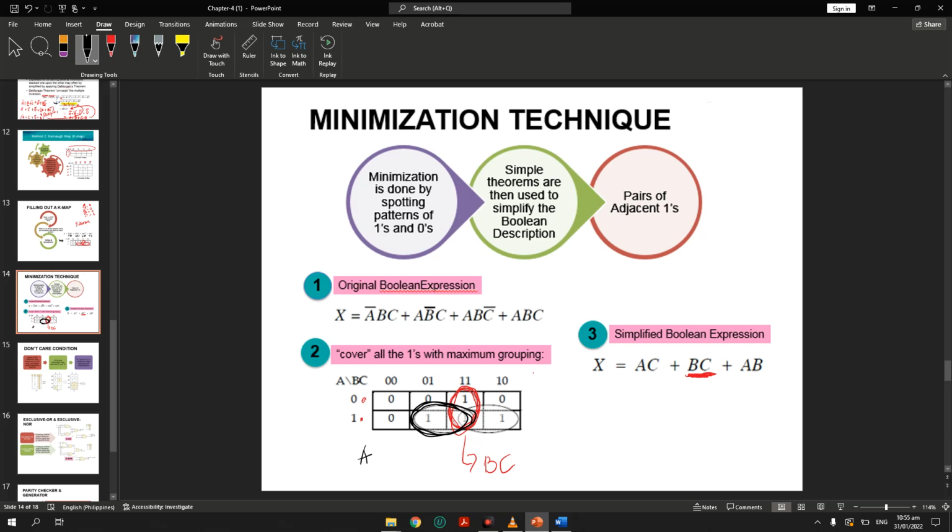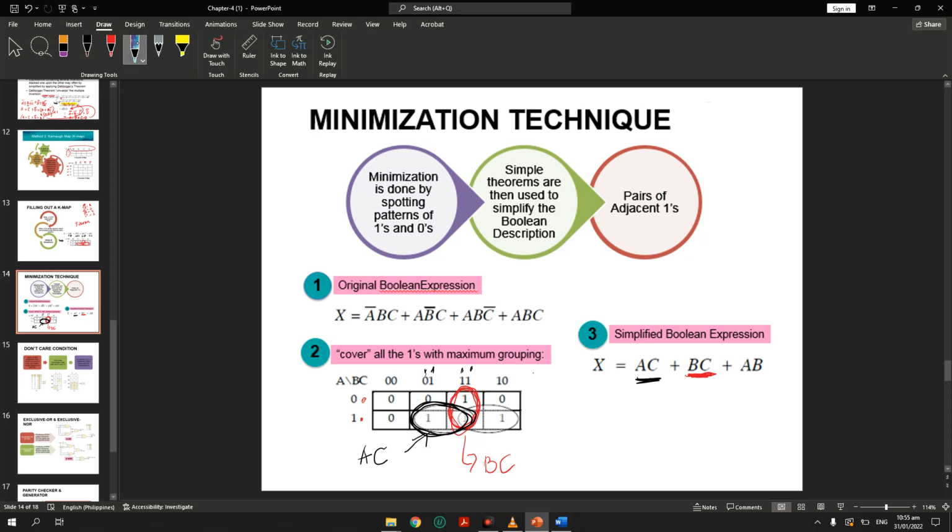The B is 0 and 1. Nag-change. Nag-0 kag nag-1. What is the C? Here, the C is 1. The C is also 1. So there is no change. So we have AC. AC for this group, BC for this group.